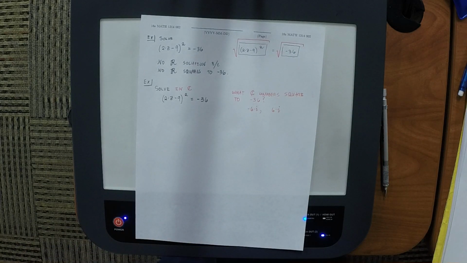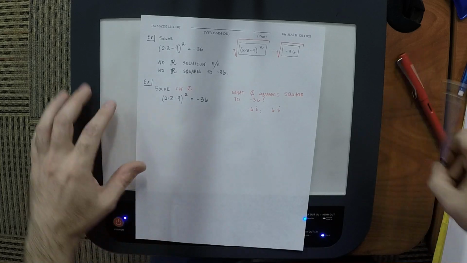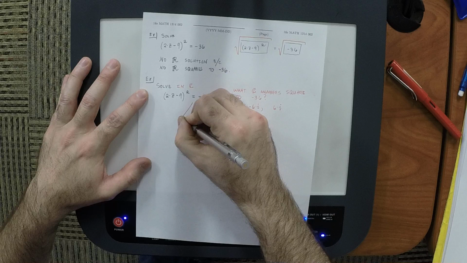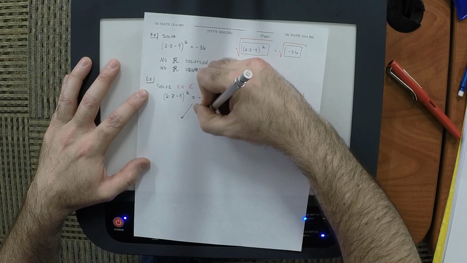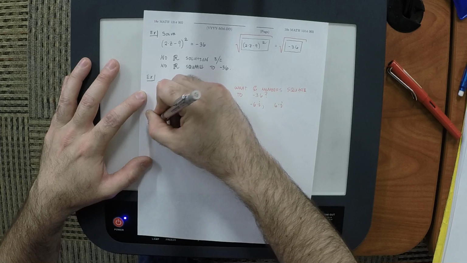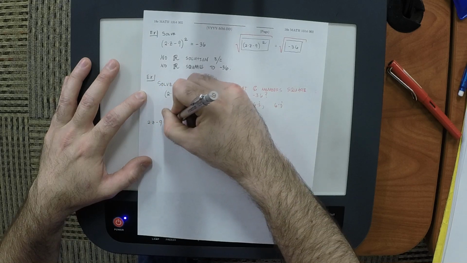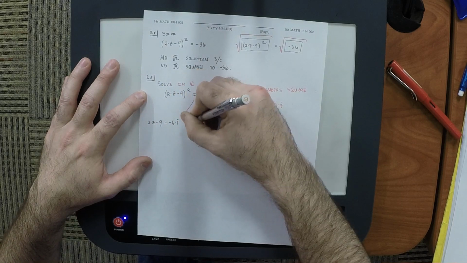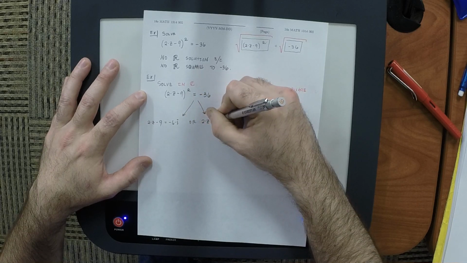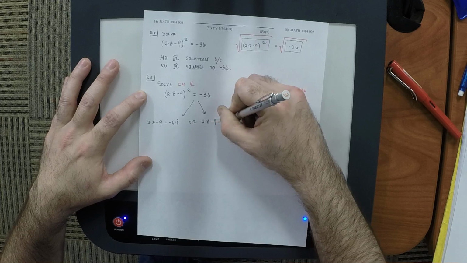Those are the ones that do it. As a result, this equation splits into two possibilities. What's one of the possibilities? 2z minus 9 is negative 6i. The other possibility, 2z minus 9, is 6i.